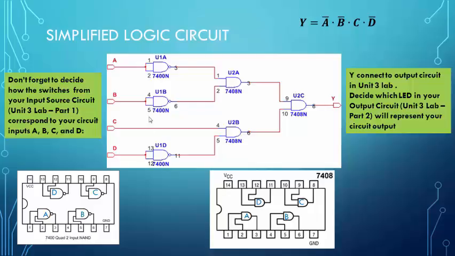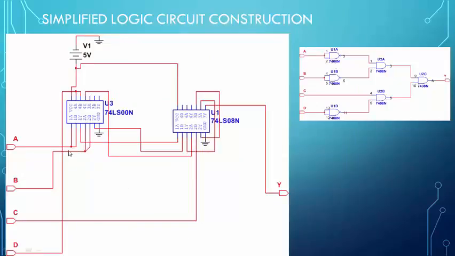NAND gates is 7400, and the 7400 pin diagram is listed here. 7408 is the AND gate, and the pin diagram is listed over here. Over here you can see this is a 7400, pin 1 and pin 2 shorted together and connected to input A. And look here, for example, this is pin number 6 of 7408.